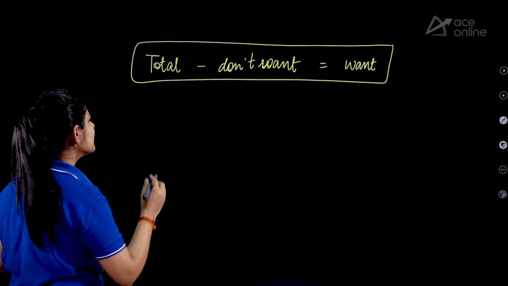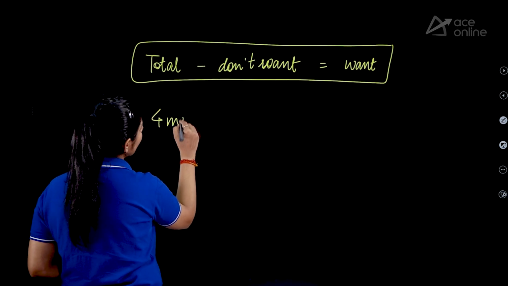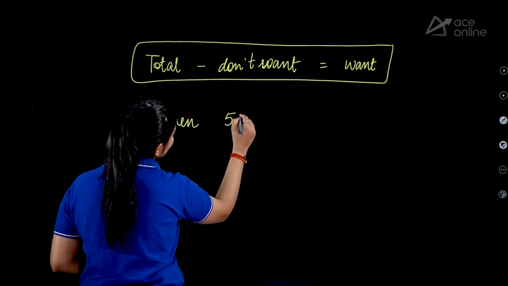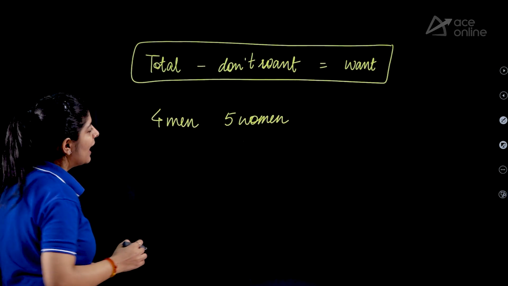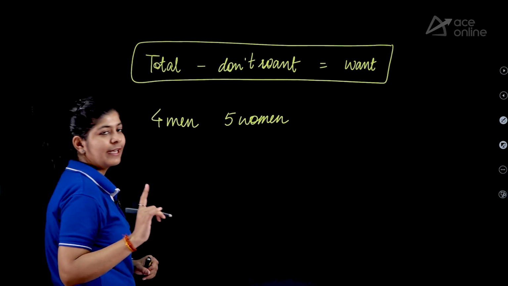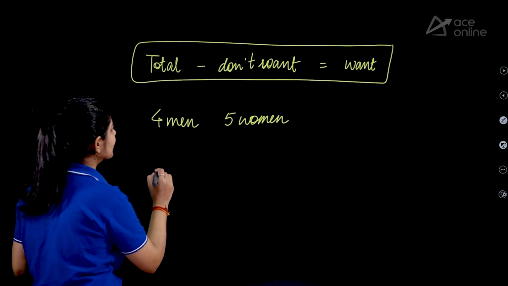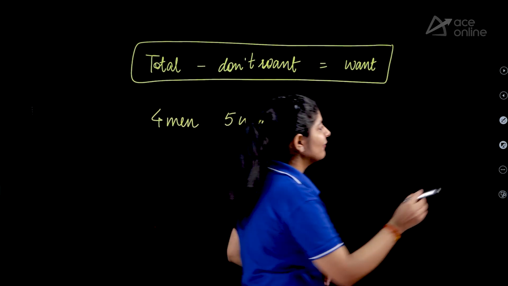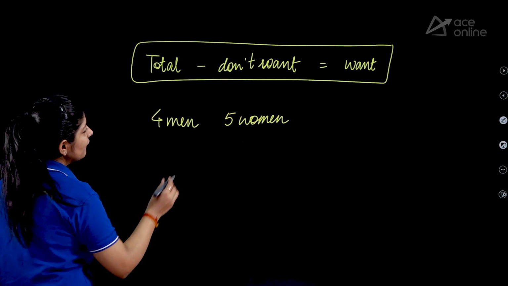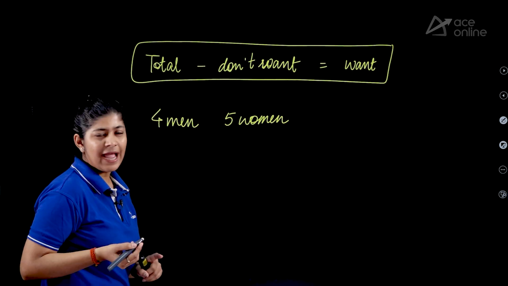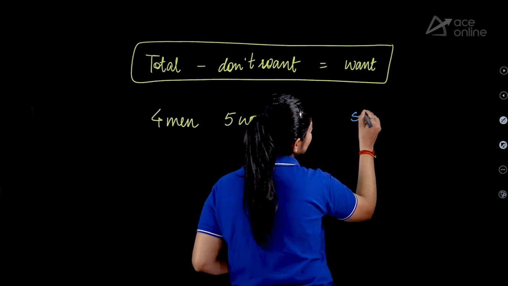So here the question says that we have 4 men and 5 women, right? And we have to create a committee in which there is at least a man. So if I have to create a committee of 5 persons, right?